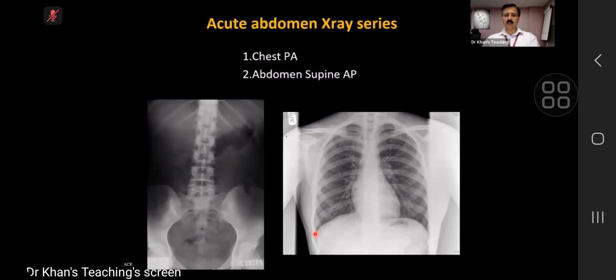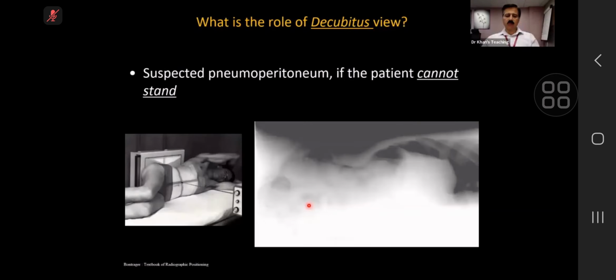What will you do then? The answer to that is a decubitus film. This is how a decubitus film is taken, and the liver has to be upside, so the left side down decubitus. The concept is that the free air will be in between the lateral abdominal wall and the liver.